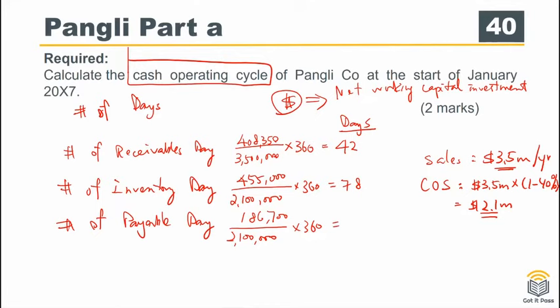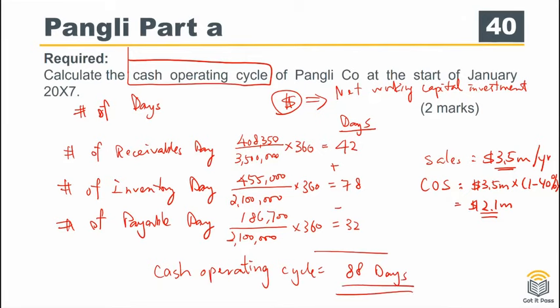You just work out the simple calculation here, and you get 32 days. So the cash operating cycle is 42 plus 78 minus 32, which is 88 days.